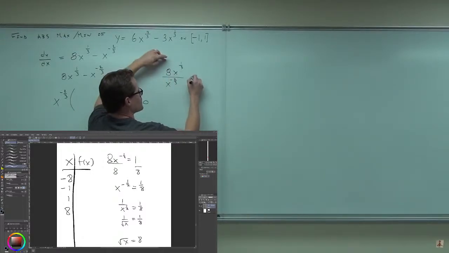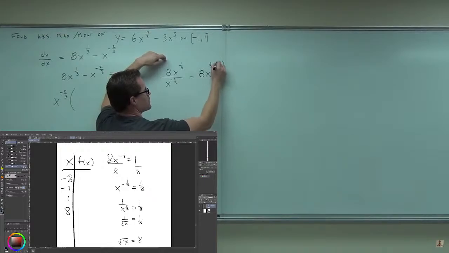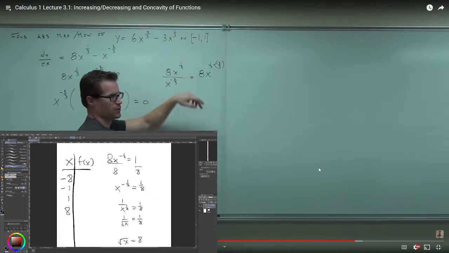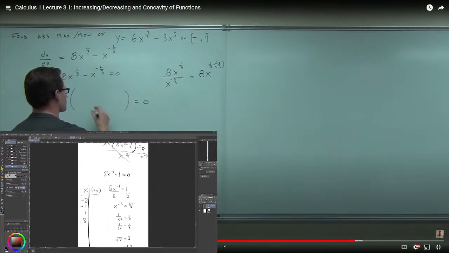So this right here gives you 8x. The reason is because you have 1/3 minus negative 2/3. That's 3. Oh, 3. That's going to be 8x.